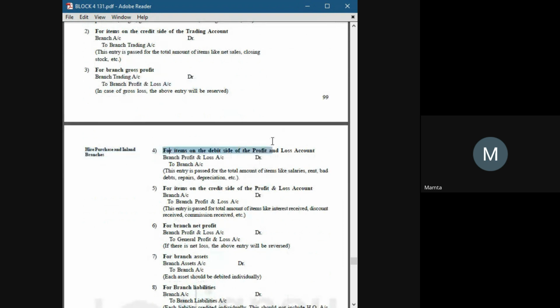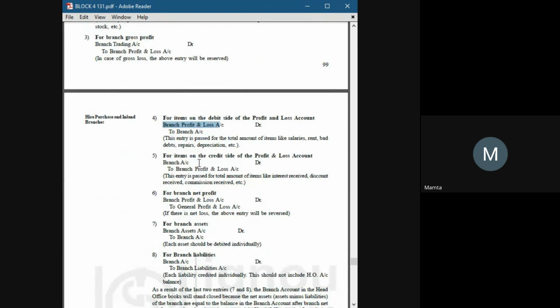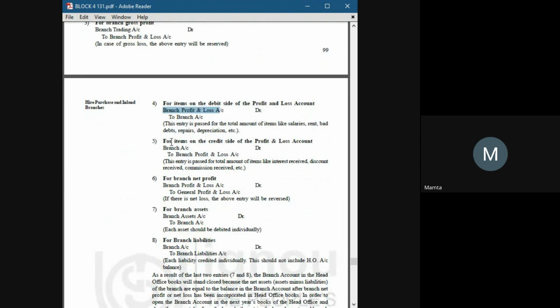For items on the debit side of the profit and loss account, if there were any loss, then branch profit and loss account debit to branch account. For items on the credit side of P&L, after trading, the entry would be branch account debit to branch P&L account.